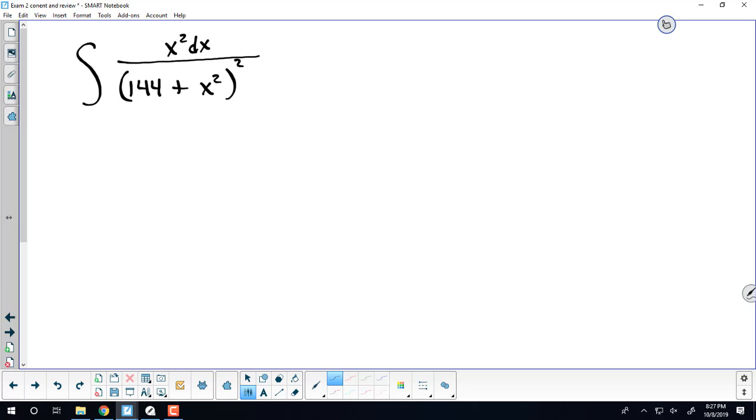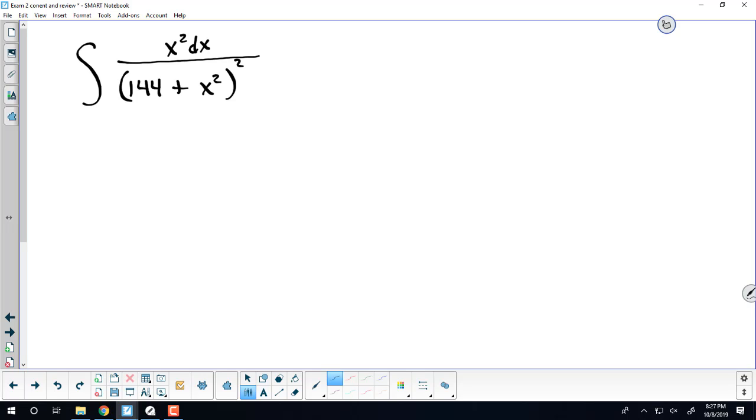Sometimes when you see a polynomial over a polynomial, it's a toss-up as to which one's more efficient: a trig sub or a partial fraction. Trig sub is very specific to sums or differences of squares, either in radicals or as powers.